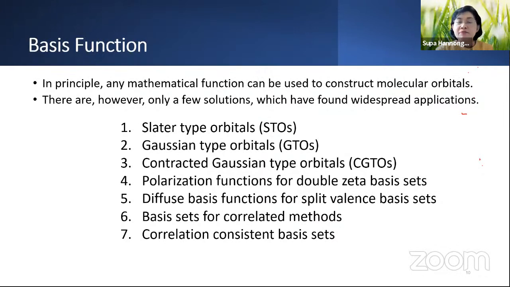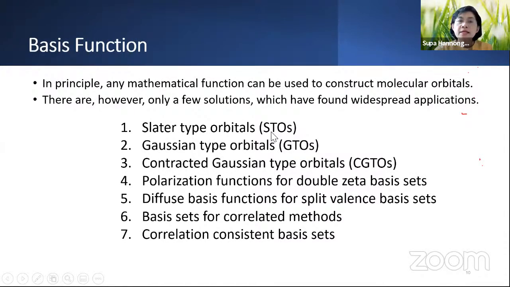However, there are some problems in trying to solve the equation. Then the Gaussian type orbital was developed to solve the problem and make it more efficient. So we have the Gaussian type orbitals, or GTOs.